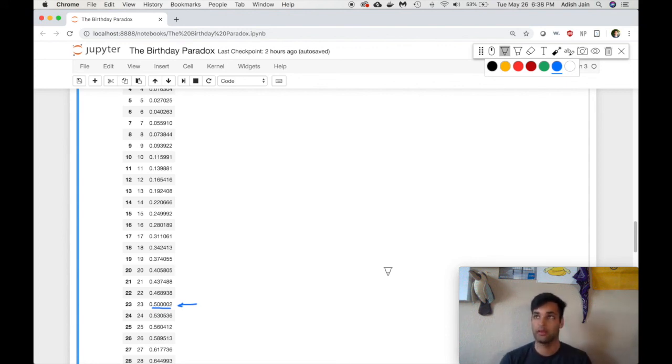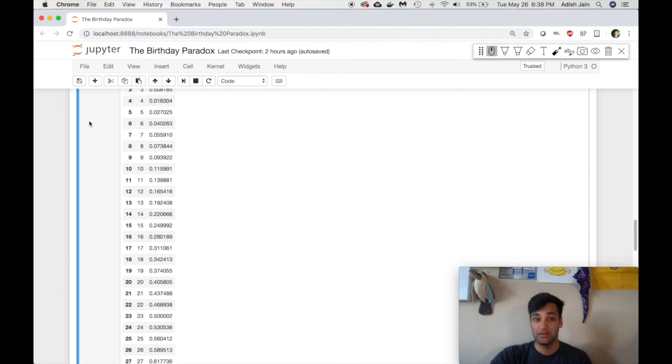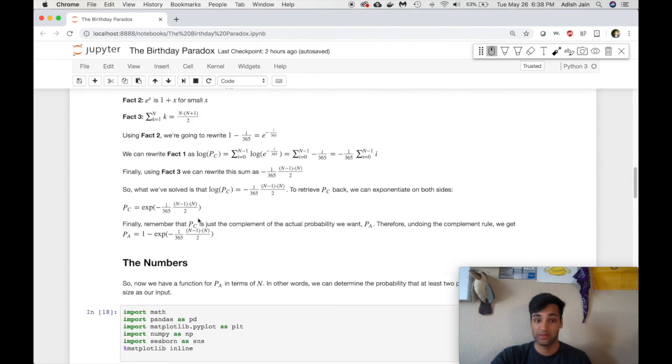They don't intuit that, and that makes complete sense because you don't originally think that this probability is going to grow so exponentially, but based on the math we did, you can see where exactly that exponential term comes into play and why, as your group size increases, your probability does as well.